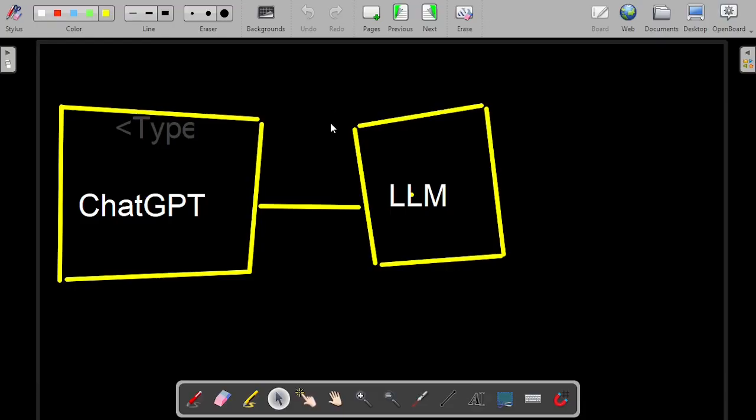It is possible by integrating the LLM with some backend tools. So I am going to draw another diagram here.